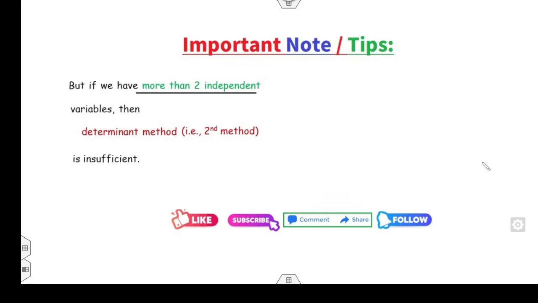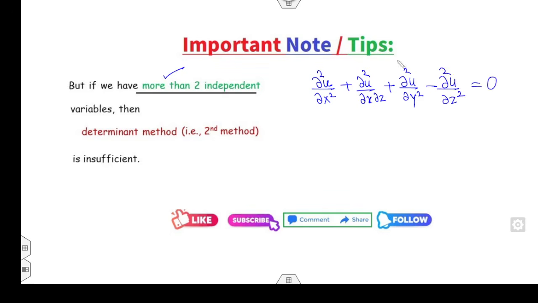However, whenever you have a partial differential equation of more than two variables, like plus del square u upon del x del z plus del square u upon del y square minus del square u upon del z square is 0, clearly say how many independent variables?